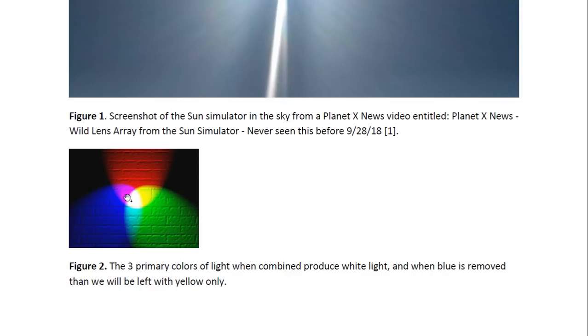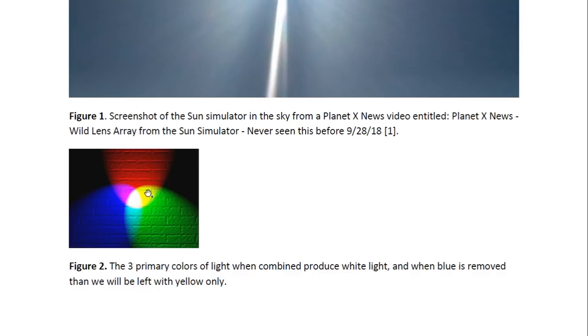When you combine them, you get what you see here in the center, which is white light. But when you remove the blue, what you have left is the red and the green. And when you combine red and green, you can see what you get. This is yellow. So white light minus the blue becomes yellow.